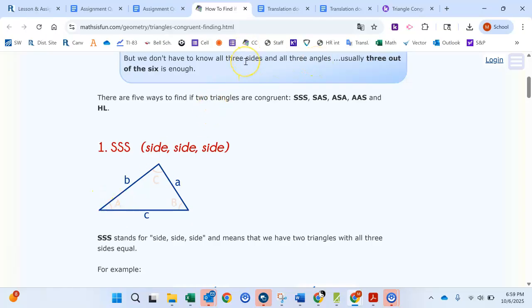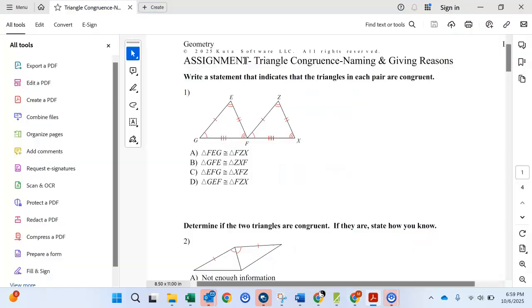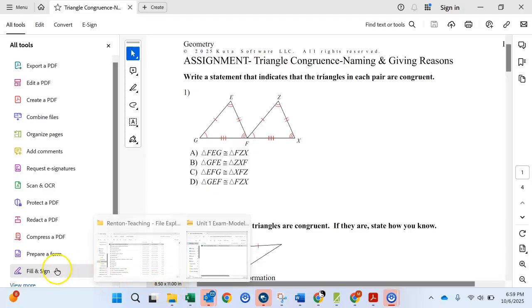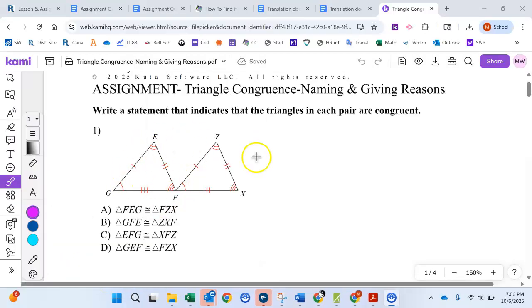So on this assignment, we look at this one here. Mine is in Kami. When we look at these 2 triangles and we're looking at why they are congruent, let me make this blue.